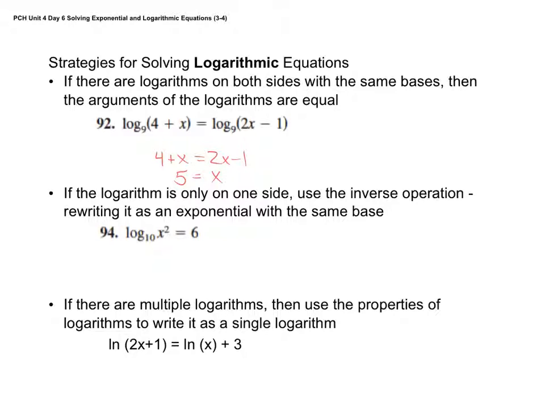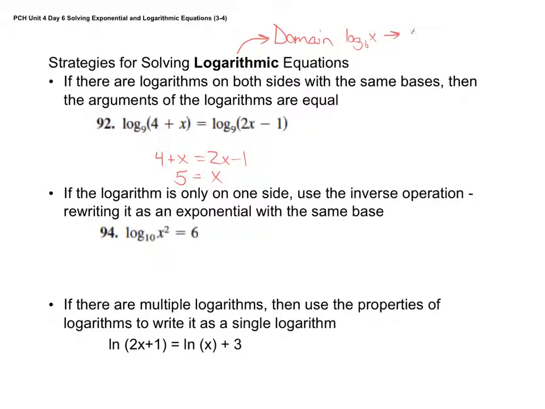Now, one thing I will say when we're dealing with logarithmic equations is that we do have to be careful with our domain. What is the domain of the logarithmic parent function? What can x be?